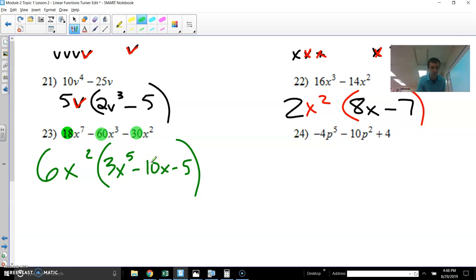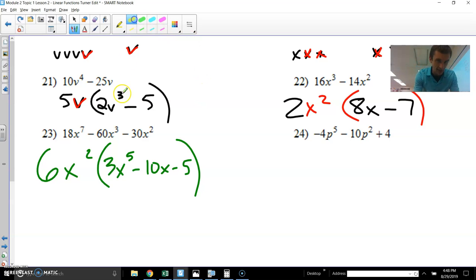Well, all of these numbers are divisible by 6. And if I use division, 18 divides by 6 to give me the 3 here. And negative 60 divided by 6 gives me the negative 10 in the middle. And negative 30 divided by 6 gives me the negative 5 in the end. So that's the first thing we look at.